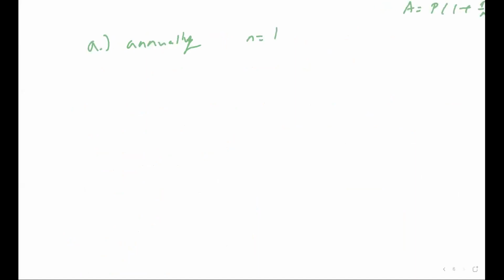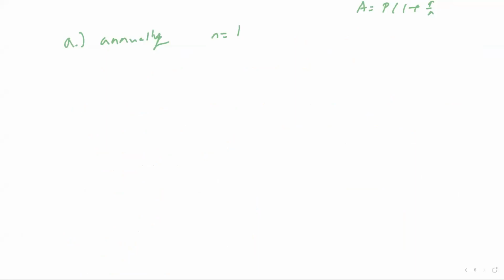Part A was annually, and our n was equal to 1. Our equation was A equals P times (1 plus r over n). This is your equation.